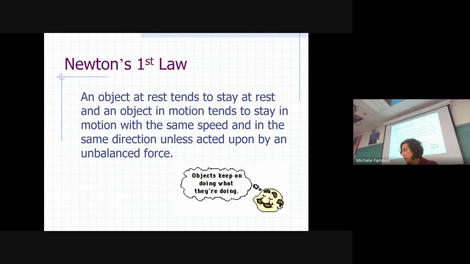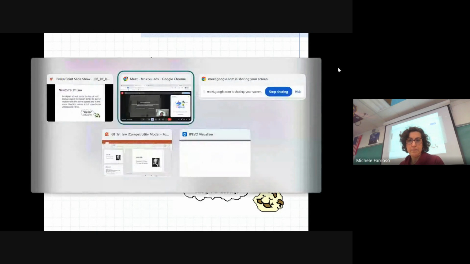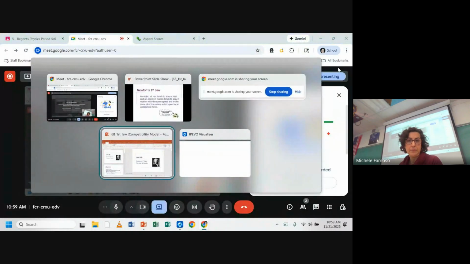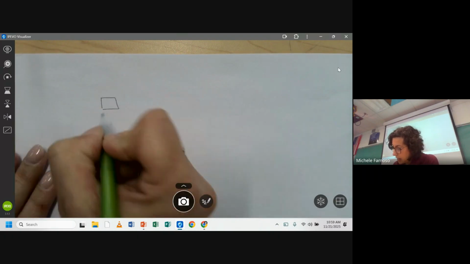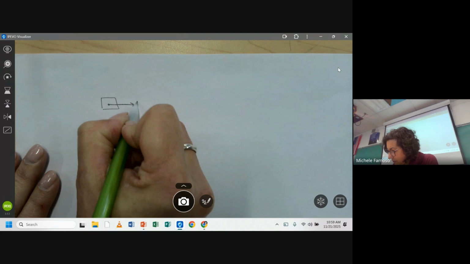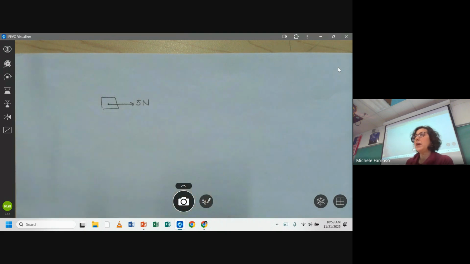So let's talk a little bit about what that means, an unbalanced force. Forces can either be balanced or they could be unbalanced. Unbalanced meaning not balanced. Just very conceptually here. Take a look at this. Let's say I have an object and there is 5 newtons of force pulling that object to the right.